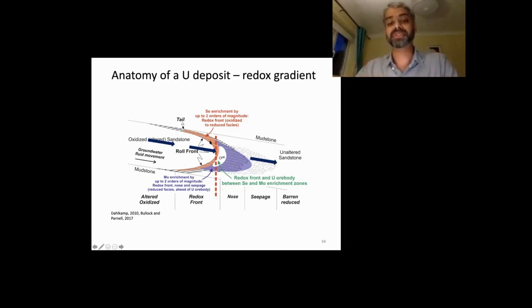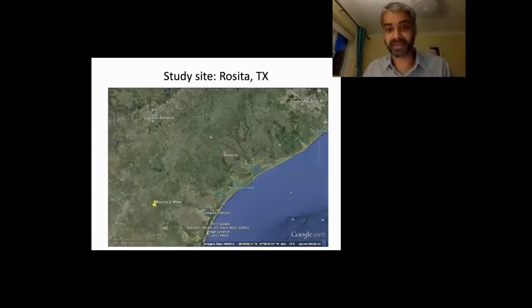So first you see selenium enrichment, and then uranium enrichment, and then molybdenum enrichment, and then you have some sulfides here. So this is the anatomy of any uranium deposit. They may not be highly enriched and economically viable roll fronts, but if you have any uranium reduction in the flow path of groundwater, it should follow the same pattern, same trend.